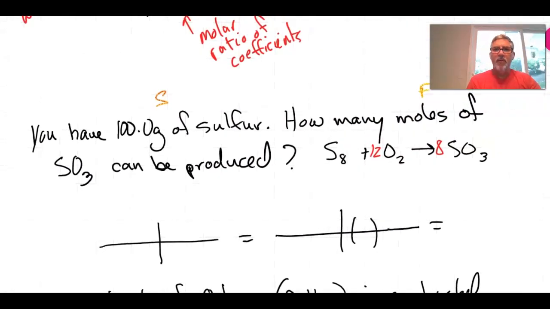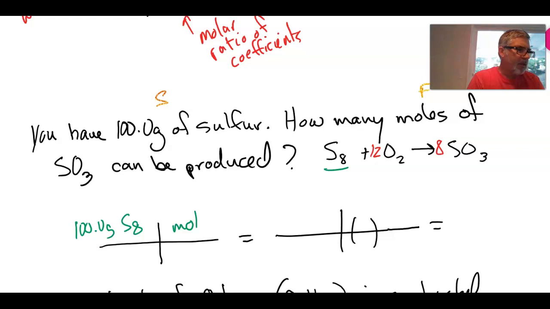All right. So we have 100 grams of sulfur. So 100 grams of sulfur, this is my start. So I will put that up here. My sulfur comes in the version of S8. Right? So first thing I had to do was go mass to mole. That was on my list there. So I'm going to put mole here.